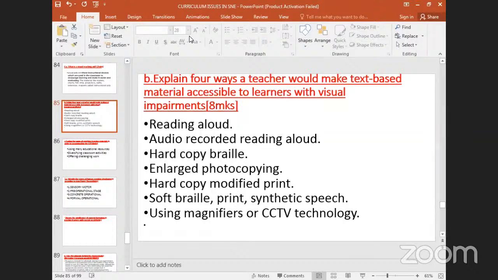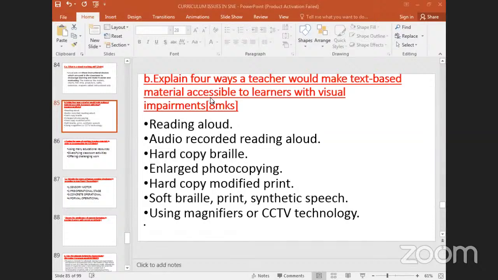Either the teacher can read aloud, or, if it is an inclusive environment, we have learners who may not have visual impairments. They may also read aloud. We can also have those with low vision reading aloud to those who are blind, among others.